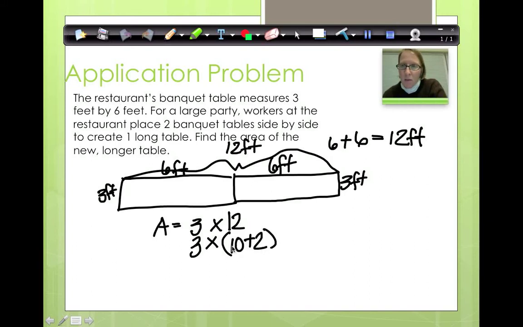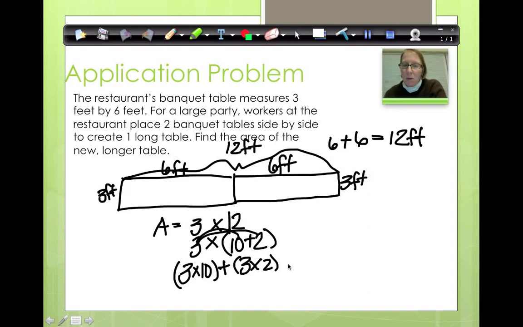Now, using the distributive property, I'm going to give the 3 to the 10, and I'm going to give the 3 to the 2. So here we go. So 3 times 10, in parentheses, and then 3 times 2. So now I've shared with everybody.